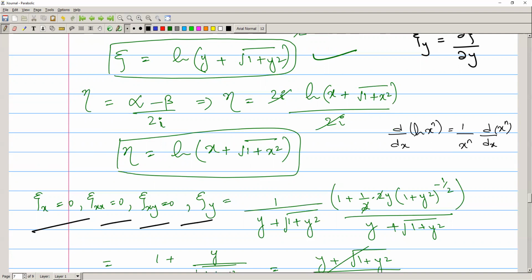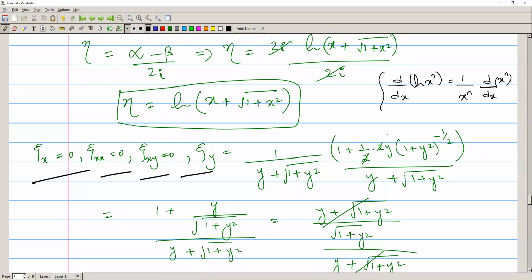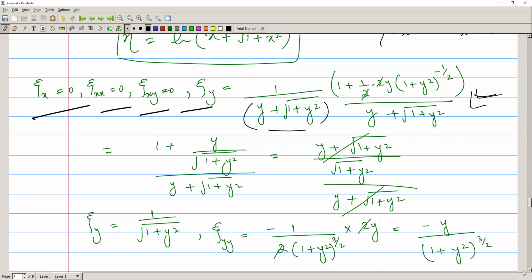So this is the general form. We can differentiate this and we'll get 1 over y plus the square root of 1 plus y squared, that was inside ln, and then the derivative of this function again. So the derivative of this function will be this, right? You can differentiate and check in your own way.